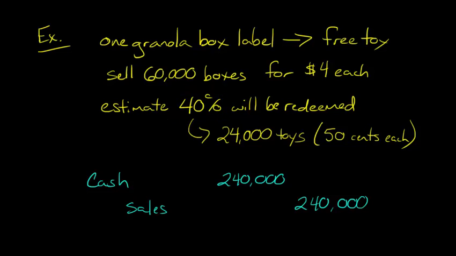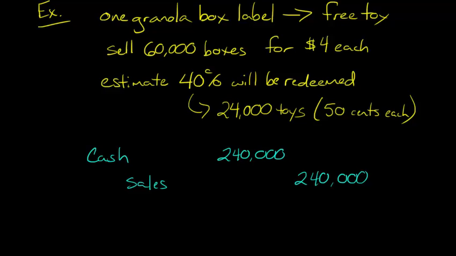We're estimating that we're going to have to give out 24,000 toys. They cost us 50 cents each. So we're going to have a liability here ultimately of 24,000 times 50 cents, which is 12,000. So we have a liability, an obligation of $12,000, and how are we going to account for that? Well, we'll record an expense.